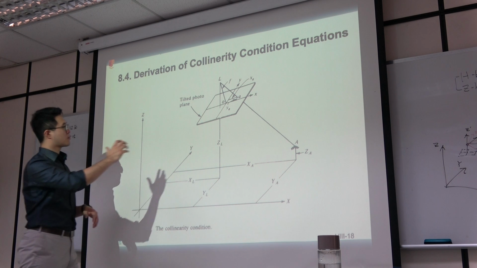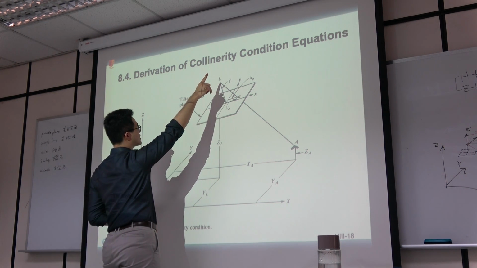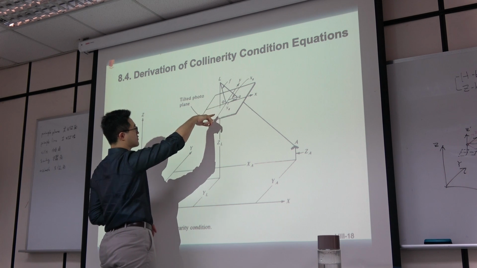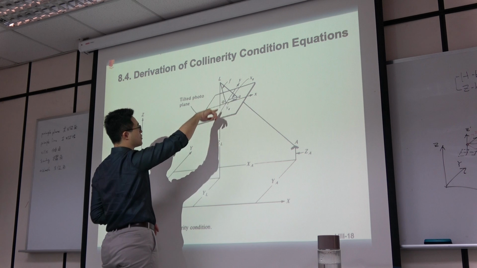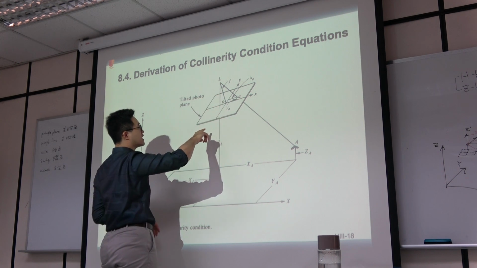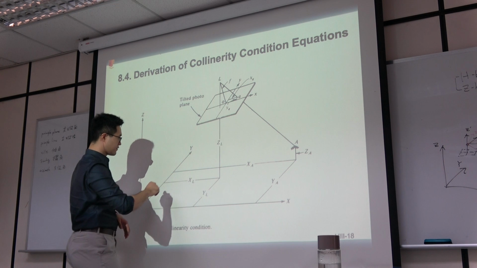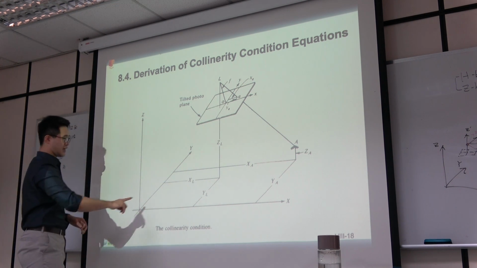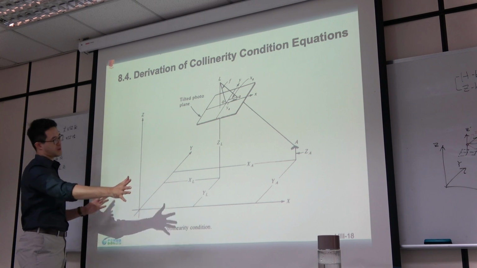As you can see, we have a tilt photo over here, and L is the perspective center. For the image space, we have the small x and small y coordinates. Of course, we have a focal length f over here. And for the object space, we have x, y, and z. So these three axes are for x, y, and z.